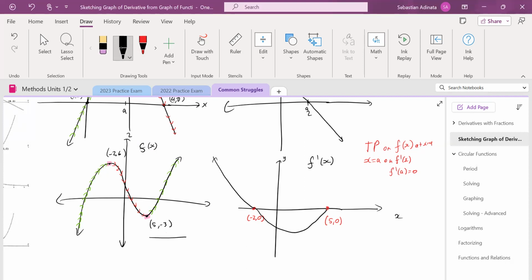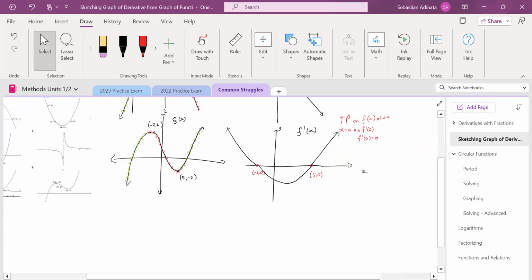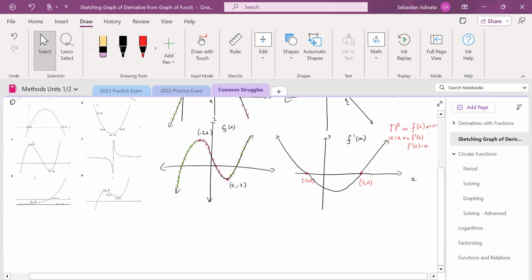And from 5 onwards, we know that the graph is increasing, meaning it must be positive. Notice how this works. Cool.